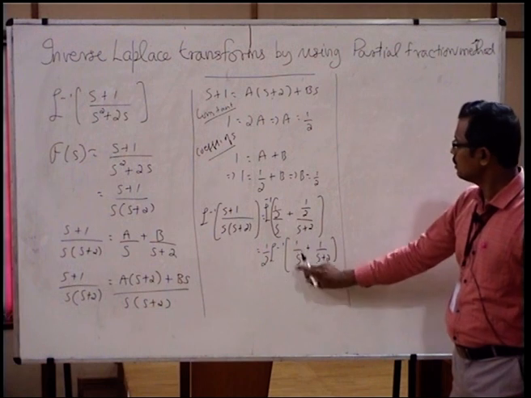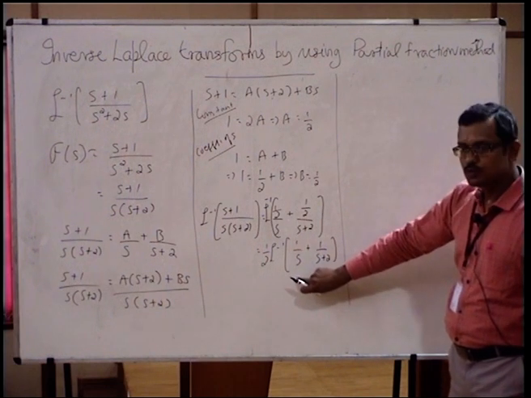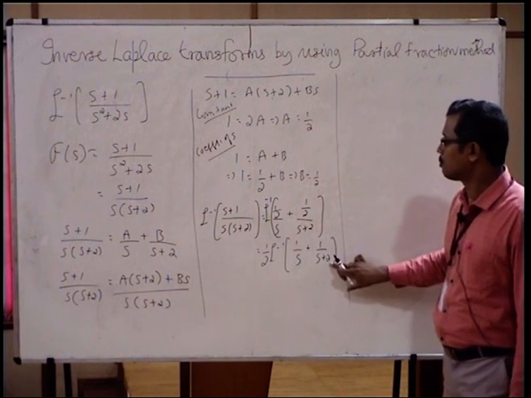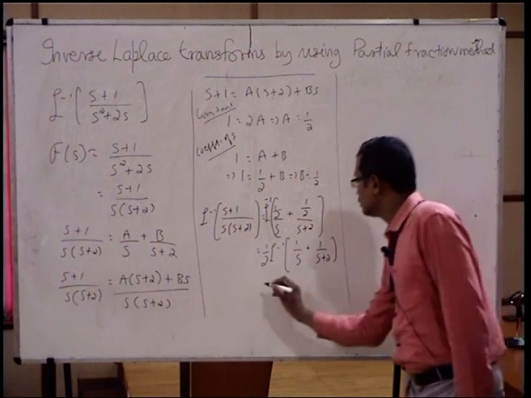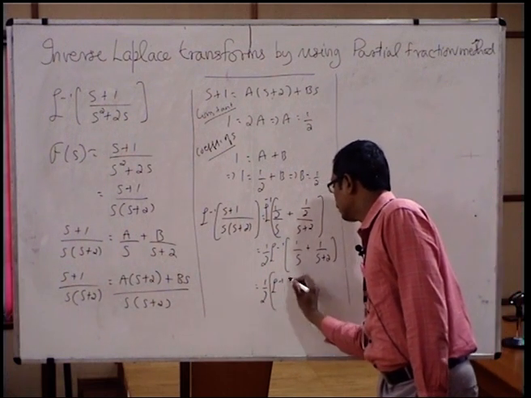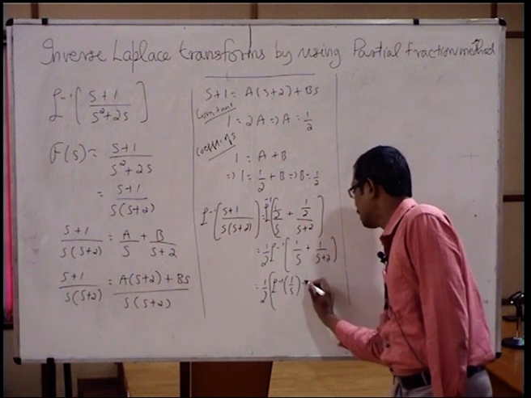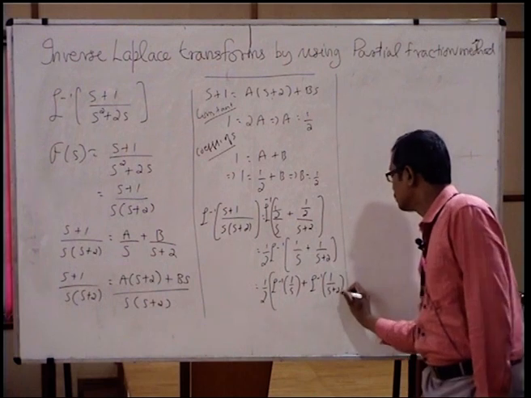Now we know that the inverse transform of 1 by s is 1, and the inverse transform of 1 by (s plus 2) is e raised to minus 2t. So this is 1 by 2 into L inverse of 1 by s plus L inverse of 1 by (s plus 2).